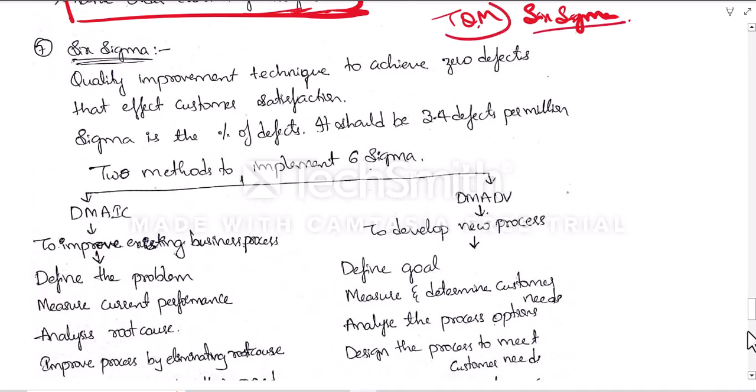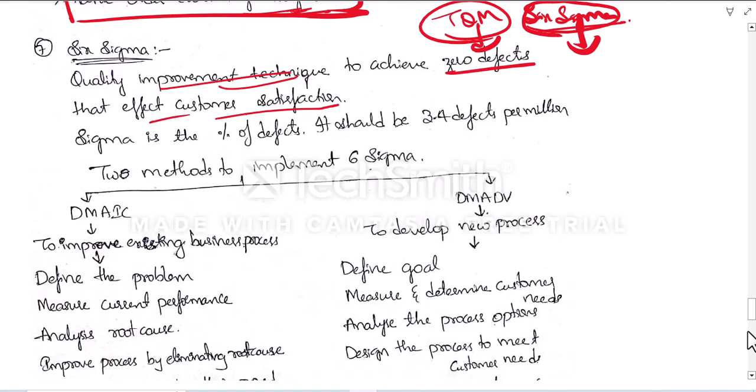TQM tries to provide good quality, and Six Sigma tries to reduce defects. It focuses on defects. That's the main difference. So it is a quality improvement technique to achieve zero defects that affect customer satisfaction. Okay, what does this sigma mean? It is a percentage of defects.